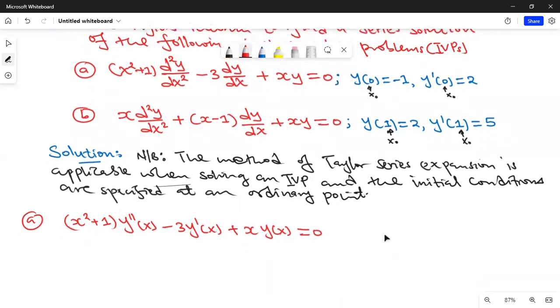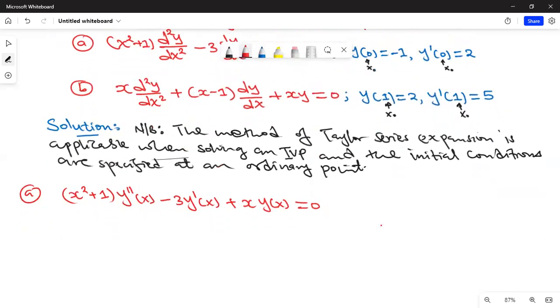So look at the initial conditions. We have been given our initial conditions to be, let's start with the first one. So you can just say given that y of 0 is equal to -1, y prime of 0 is equal to 2. I need to know the solution.